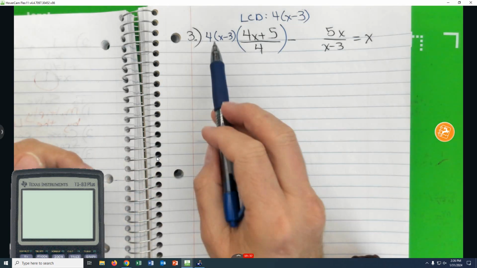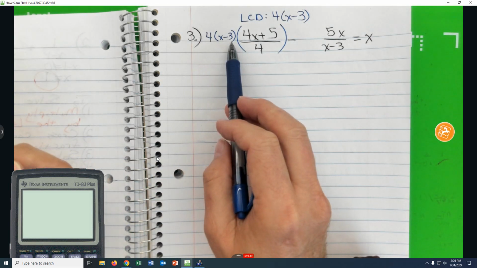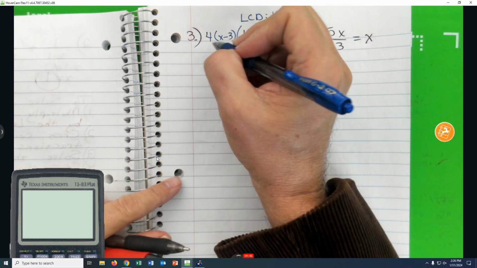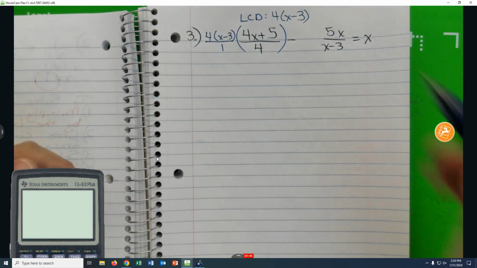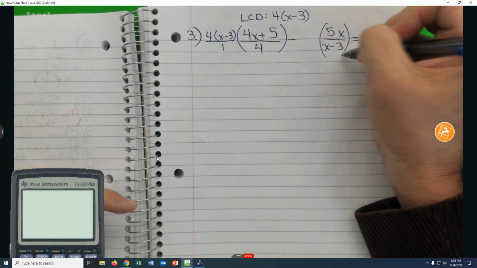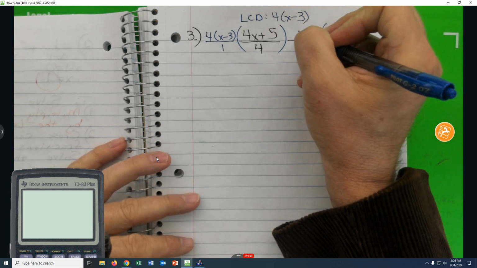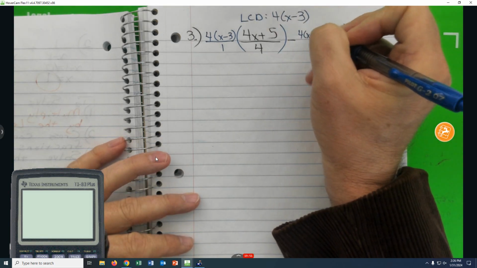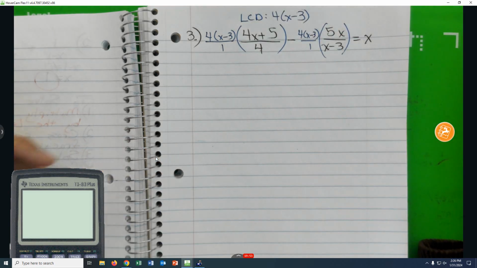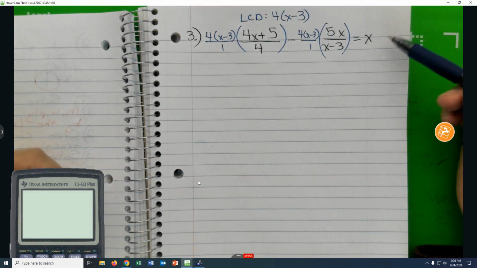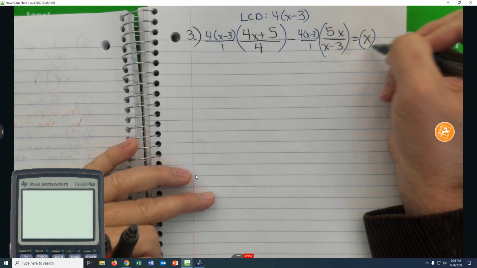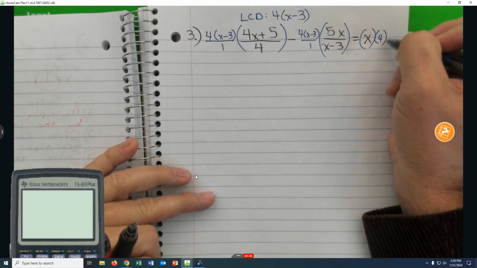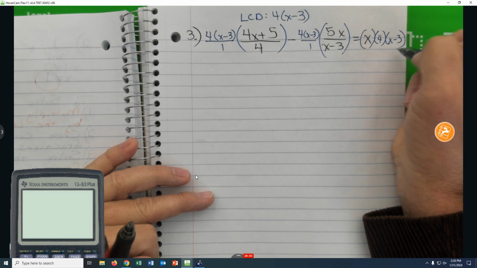And just to make a point that this 4 times (x minus 3) is in the numerator, I'm going to put it all over 1. Here, multiply this by 4 times (x minus 3), and multiply the x by 4 times (x minus 3).